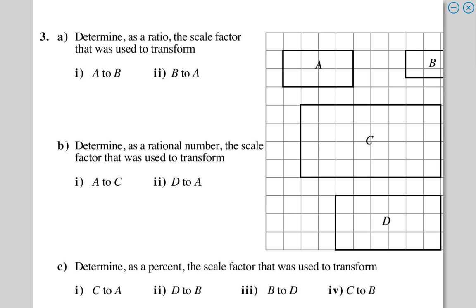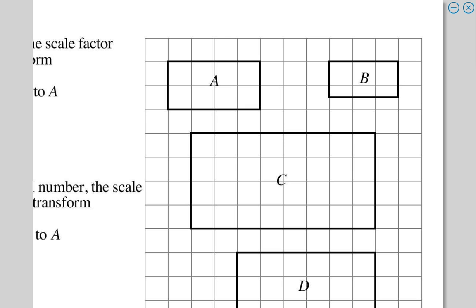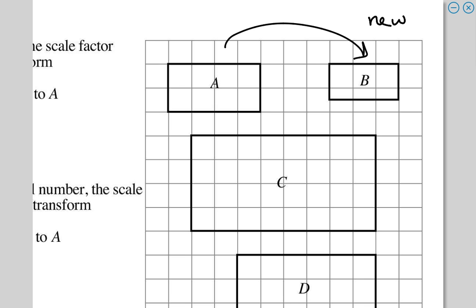Okay, let's go ahead and jump into 3. Determine as a ratio the scale factor that's used to transform A to B. So A to B, we're going this way. So if you're going A to B, this is new and this is old. Okay, and don't do crazy things like don't put this vertical with this horizontal. You have to be consistent.